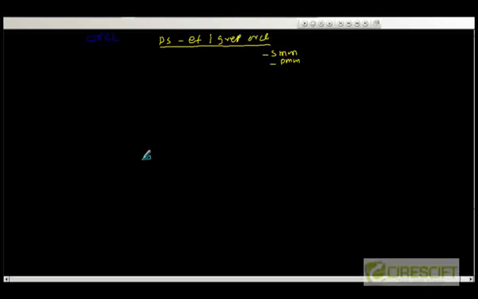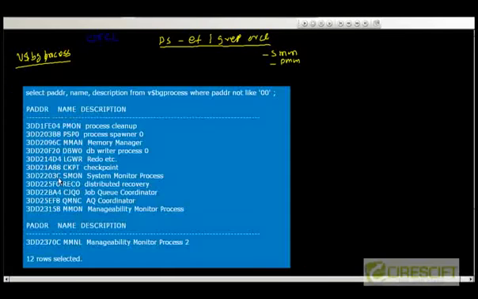The second way is to look at a view called V$BGPROCESS. By querying V$BGPROCESS, you can figure out which database processes are running right now. I've already done that on my Unix system, and this is what I got. On my database, if I select paddr, name, description from V$BGPROCESS where paddr is not like '00', it shows me 12 rows.